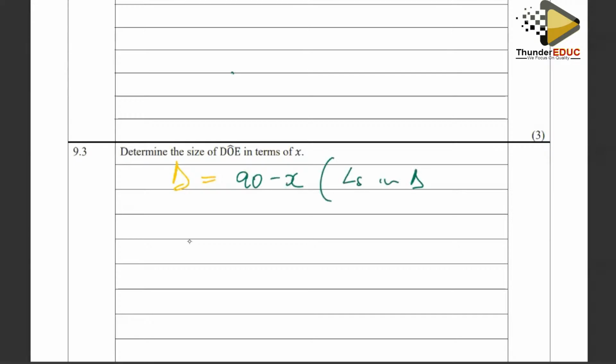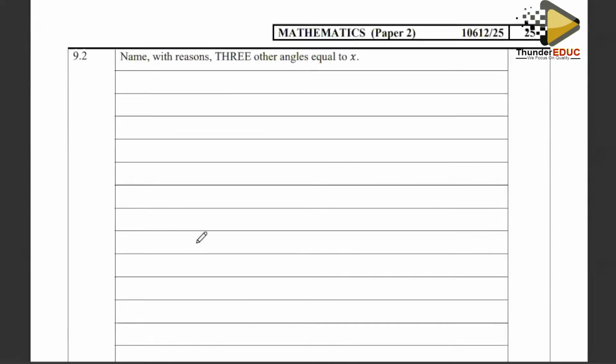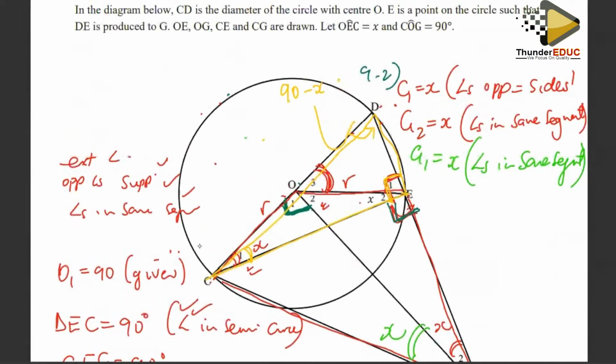Angles in which triangle? I'm looking at triangle DCE. Okay, then if this is 90 minus x, this is a 90, then I need to find what O3 is.